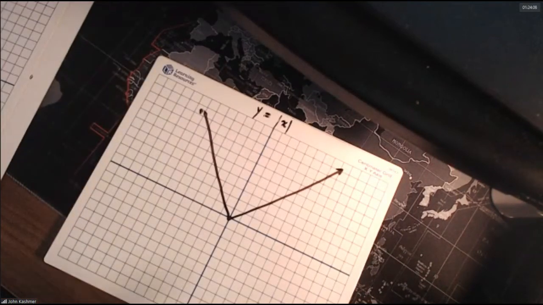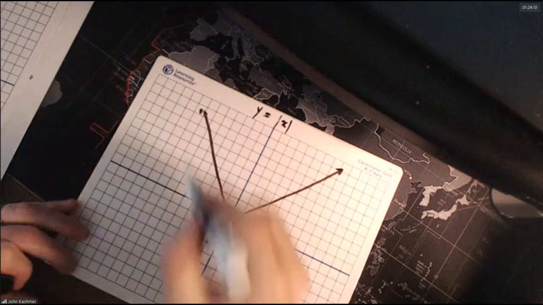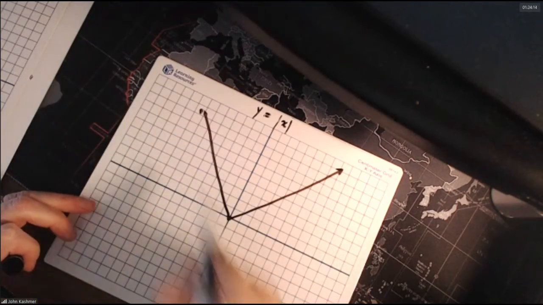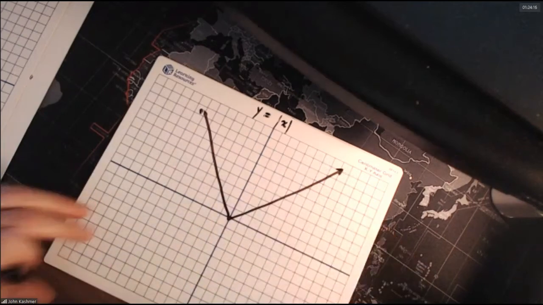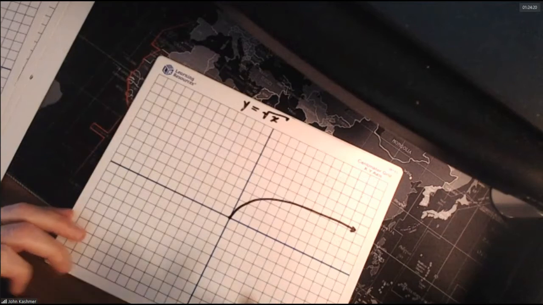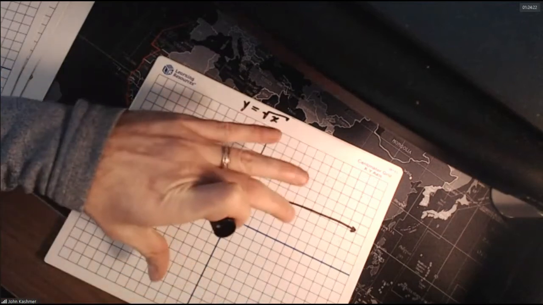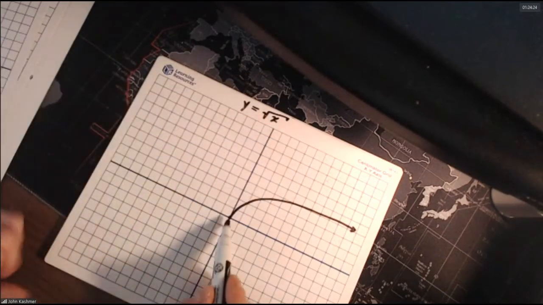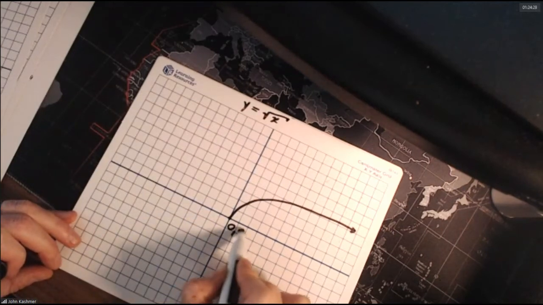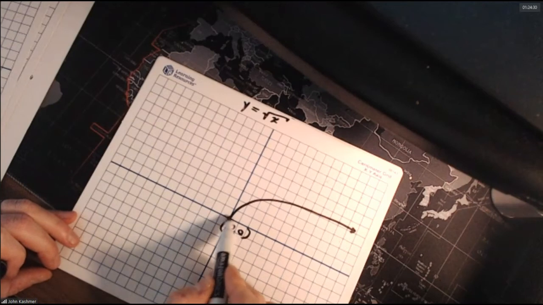For absolute value of x, it's very similar in that it still has a vertex at (0, 0), but it's more of a V. For the square root of x, it's kind of like a parabola turned to the right where the bottom half is erased. So it starts at (0, 0). That is your anchor point.